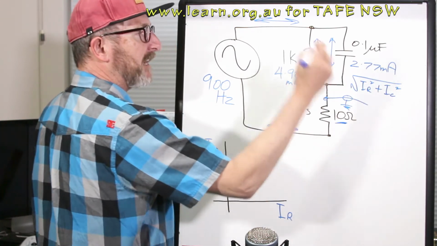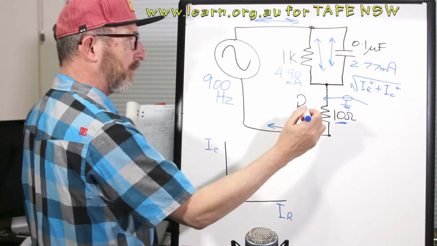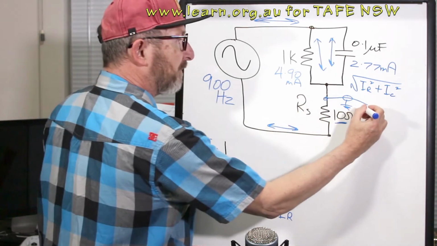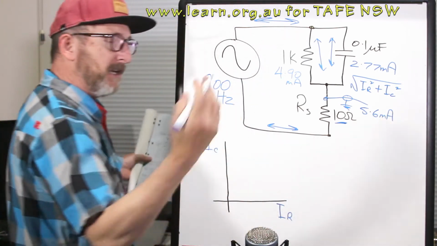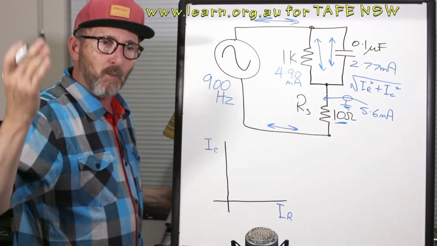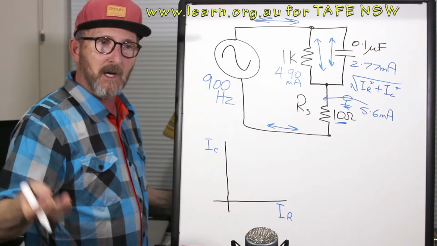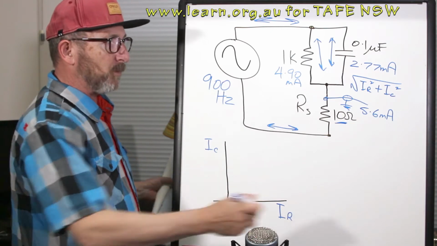Take the square root of that, and that will give us the vectorial addition, which came to 5.63 milliamps. We did it in theory, and then we did it with the oscilloscope in this lab, and it worked out exactly correct.